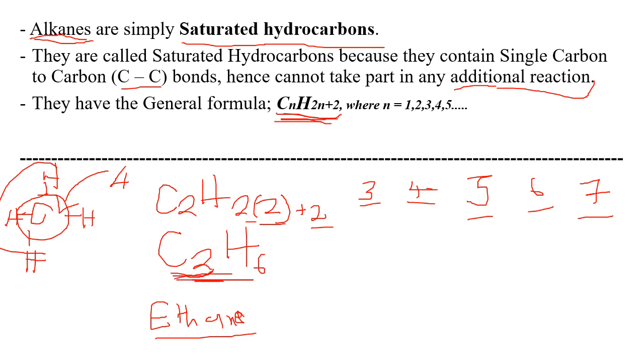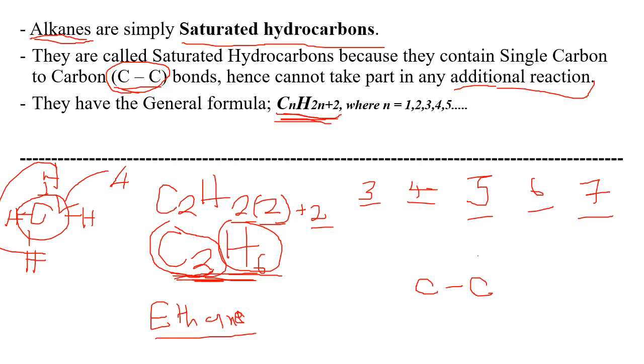So here I'll just try to draw the molecular structure of ethane. As you can see, it has 2 carbons, 6 hydrogens, and one property you shouldn't forget is that it has a single carbon to carbon bond. It does not have a double bond or triple bond, but a single carbon to carbon bond. So let's try to draw that. We have carbon to carbon, then it has 6 hydrogens.